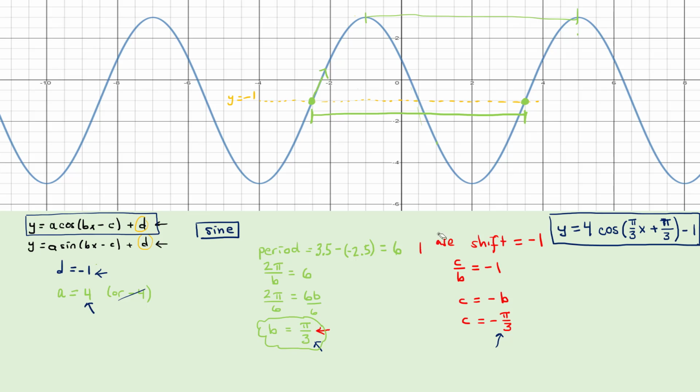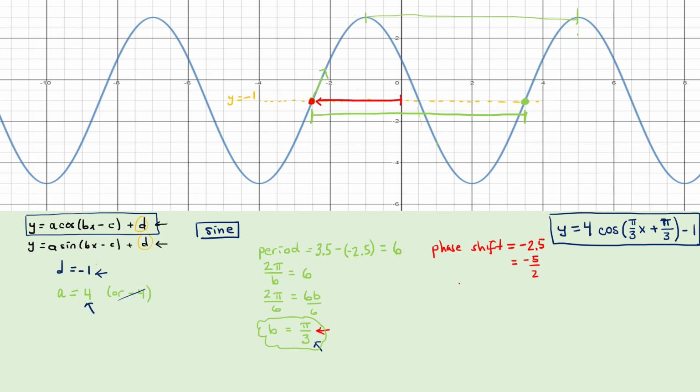Now the phase shift is going to be different. If we are thinking about this as being our starting point, then our phase shift is this distance. Because we're going left, it's negative, and it's 2.5. I think I probably am going to prefer a fraction, so it's -5/2.